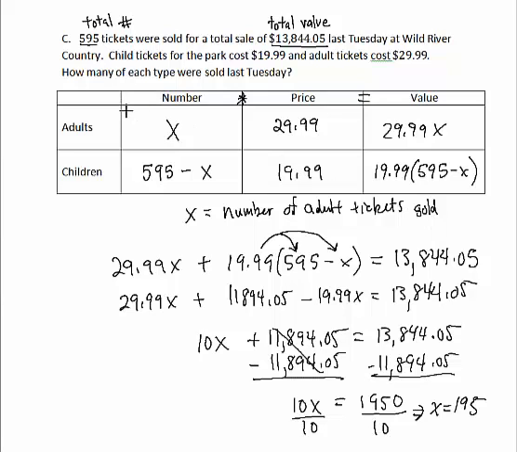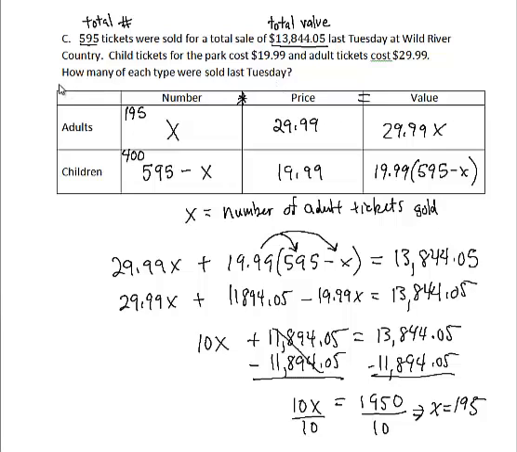So, I could go back and fill in my table with the number 195 for adults. And the number of tickets for children was 595 minus the 195, the x that we just calculated. And so children's tickets would be 400. And always at the end of every problem, you do want to go back and reread the question.